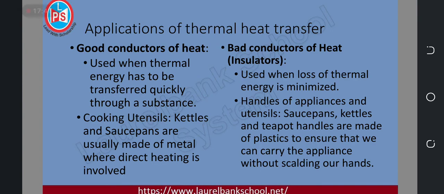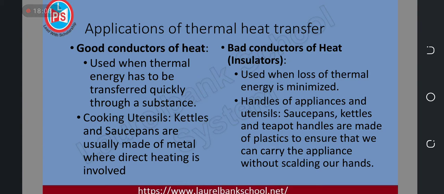Good conductors are mostly used when thermal energy has to be transferred quickly through a substance, like the cooking utensils we use in kitchens. Kettles and saucepans are usually made of metal where direct heating is involved. While if we want to minimize the loss of thermal energy, then we have to use a bad conductor of heat.